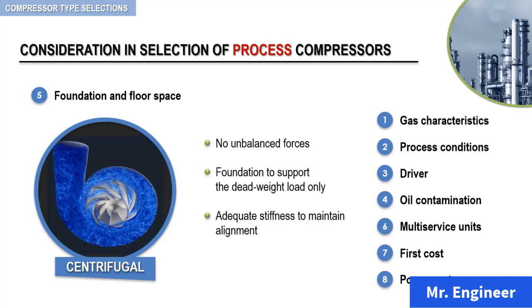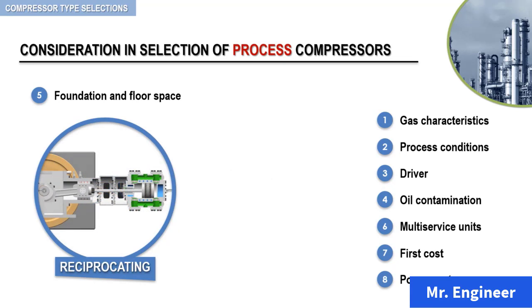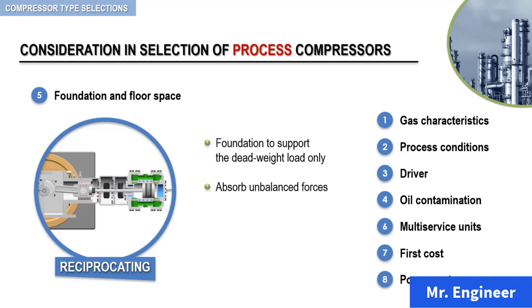The type of reciprocating compressor most widely applied today in chemical and process plants is designed specifically for a minimum of unbalanced forces. In general, a foundation that will support the dead weight load of the compressor and maintain alignment of compressor and driver will have adequate mass to absorb the small unbalanced forces that may be present. The centrifugal machine will usually be favored from both the foundation and floor space standpoint if this is the only consideration.